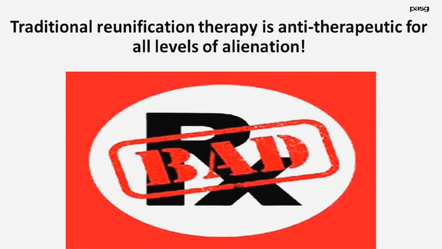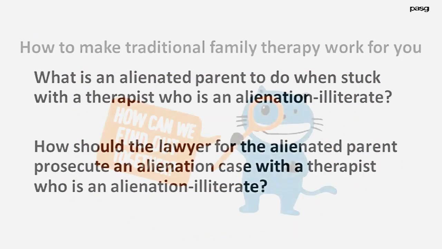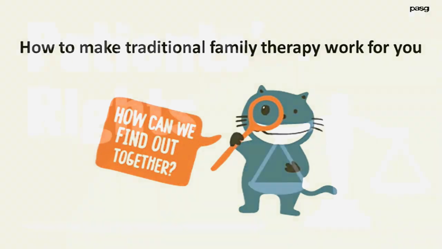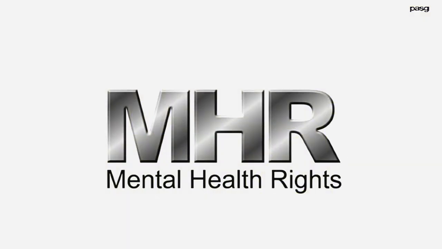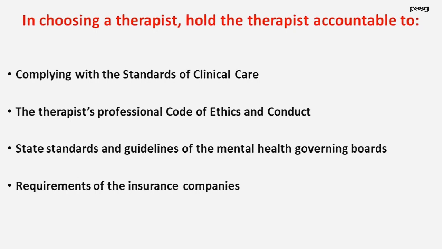Okay, I want to just move on. You have patient rights. I don't have time for all of it. There are standards of clinical care that you should be able to hold your therapist accountable to. There are codes of ethics by every professional organization that your therapist belongs to. There are state guidelines that govern the standards of care, and insurance companies do the same thing.